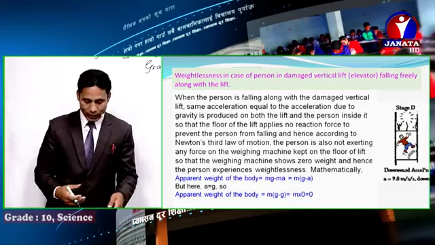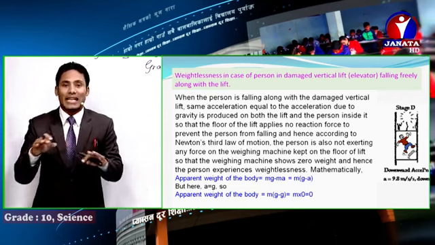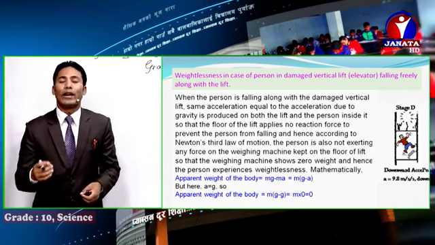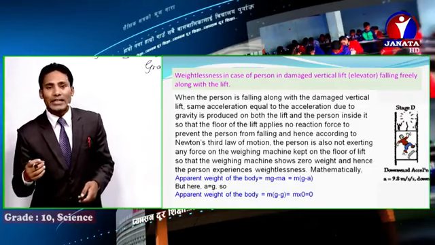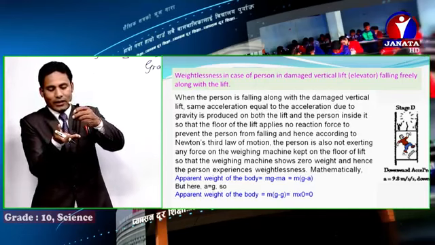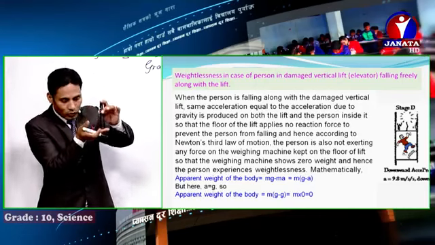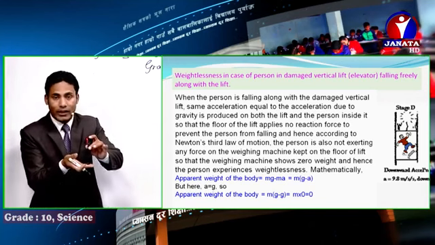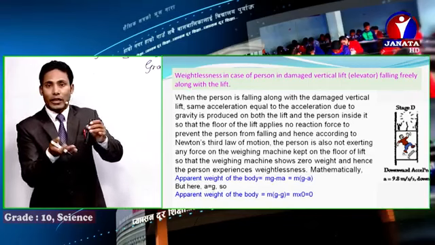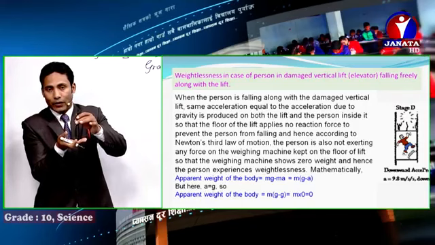You can see in the picture on the screen, whenever the elevator gets detached or falls freely, weightlessness takes place. Why? Let's say this is the elevator and this is the person. When both fall simultaneously with acceleration equal to the acceleration due to gravity, there is no holding force on the bottom of the elevator.